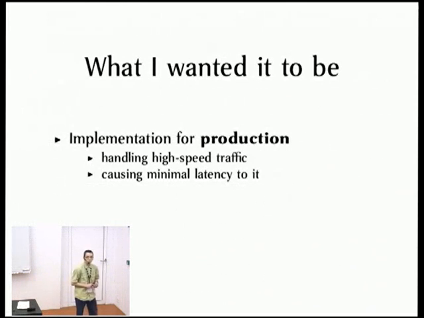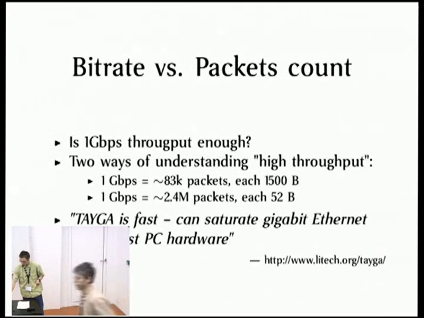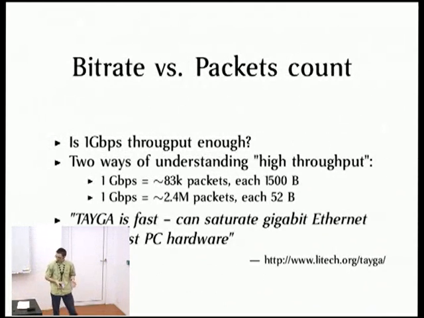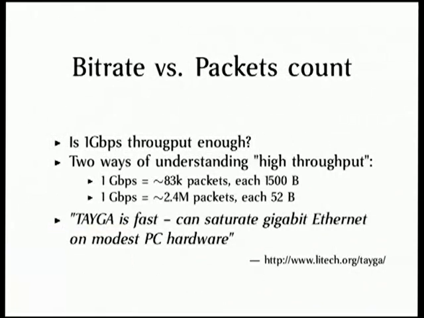Before I started developing WrapSix, I said to myself that WrapSix should be suitable for production environments. That means that it should be able to handle high traffic and at the same time cause minimal latency to it. When I talk about high-speed traffic or high throughput, it's worth thinking what this means.